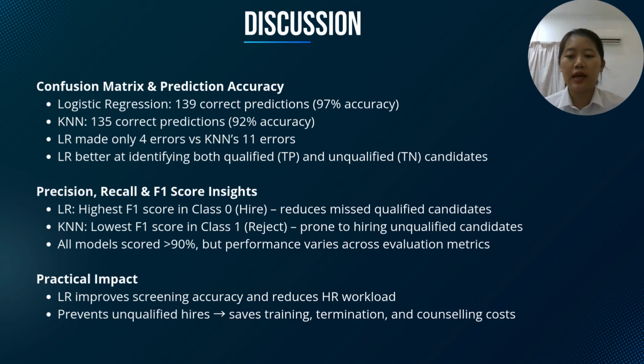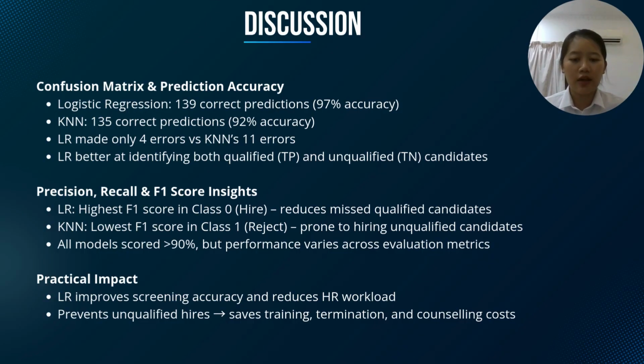These comparisons highlight that logistic regression is not only accurate but more reliable, especially in correctly identifying both suitable and unsuitable candidates. Looking at the precision, recall and F1 score, logistic regression again performs the strongest, especially in class 0, which is hiring.